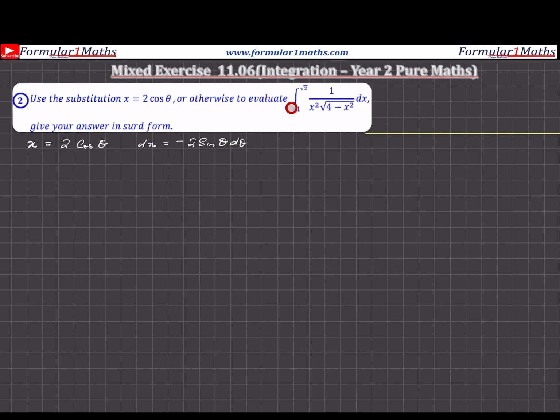I will need x squared. So x squared will be equal to 4 cos squared theta. Now let's first simplify the denominator.